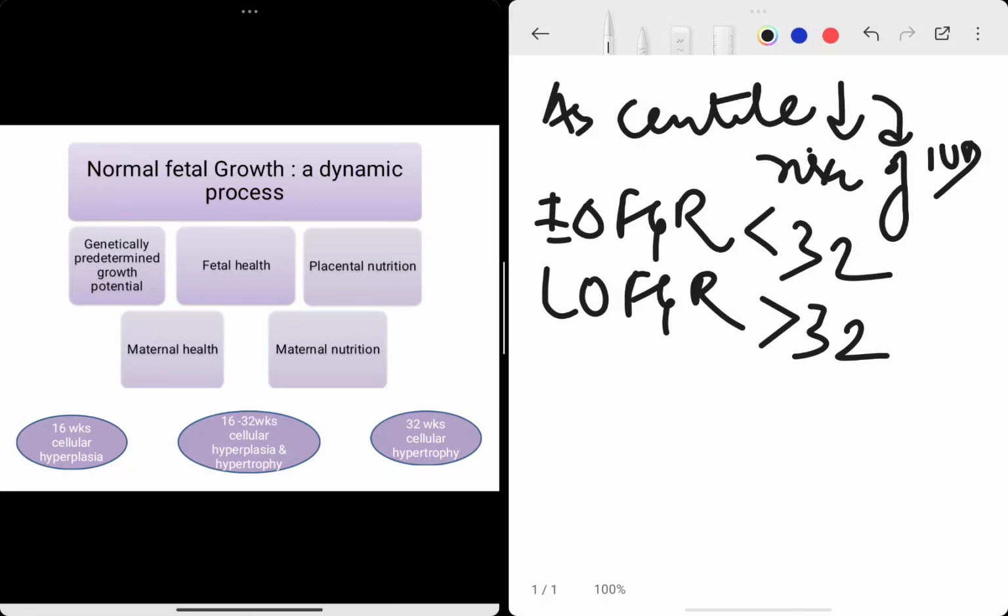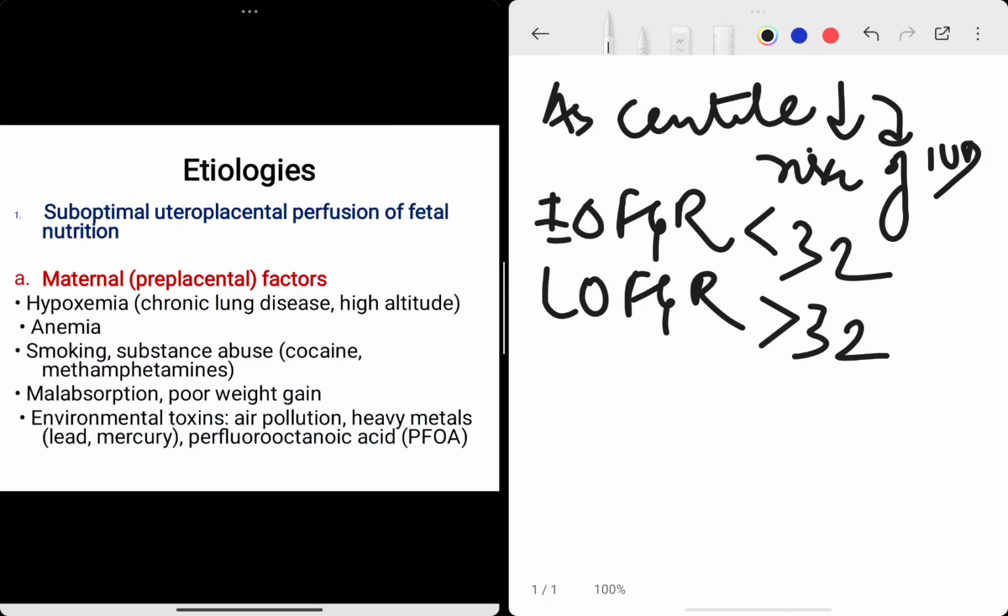Fetal growth occurs by cellular hyperplasia up till 16 weeks. Then from 16 weeks to 32 weeks there is both hyperplasia and hypertrophy, and then after 32 weeks only cellular hypertrophy lasts. So first hyperplasia, then hypertrophy plus hyperplasia, and then hypertrophy.